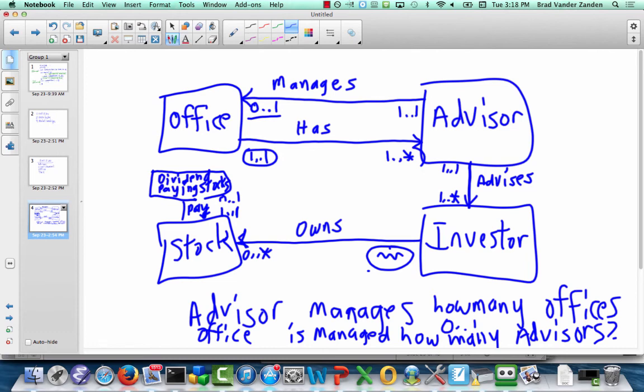That's the classic weak entity relationship, in which the controlling entity, which is stock, will have 0 to many instances of it or 0 to 1. And in the opposite direction, the weak entity will be associated with exactly one strong entity occurrence. That's the classic relationship multiplicities or participation rates.